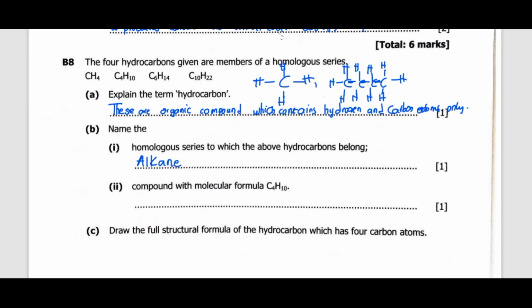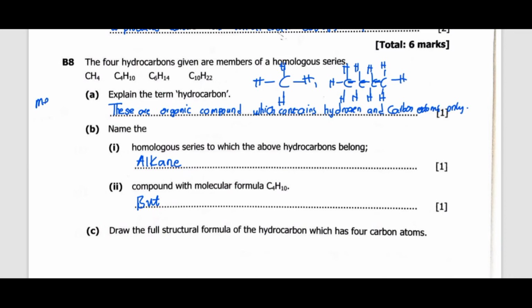Then name compound with the molecular formula C4H10. So the prefix for 4 is bute, because it is like this.